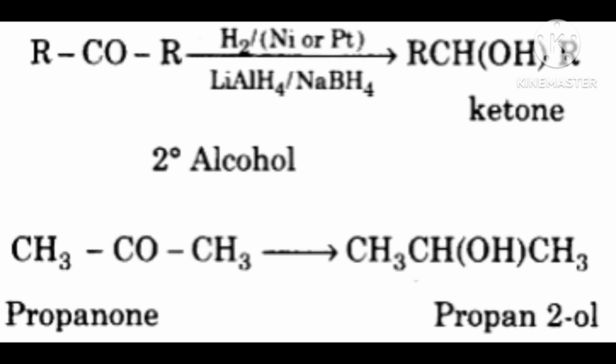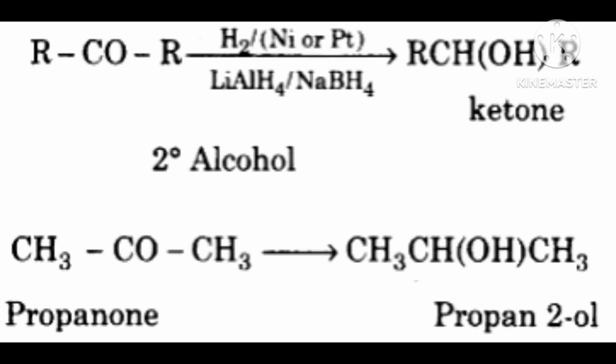Then here two OR groups are introduced with the aldehyde. Then it is called acetal. This reaction is very, very important. Okay. Now just think about ketone. What will happen if ketone is there?